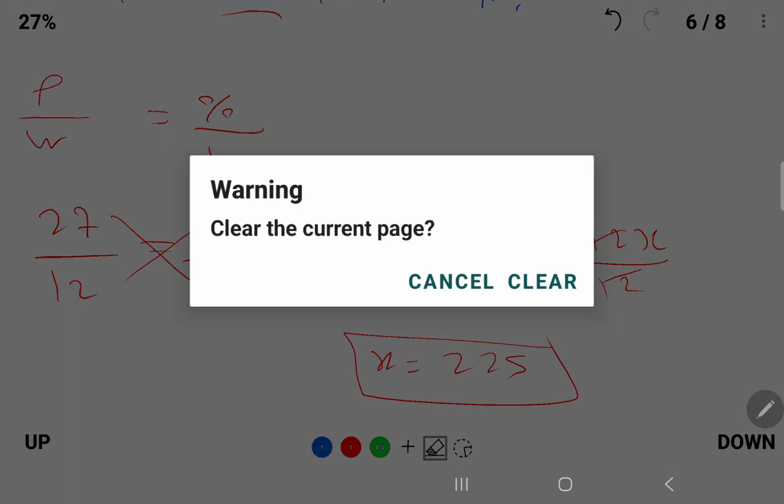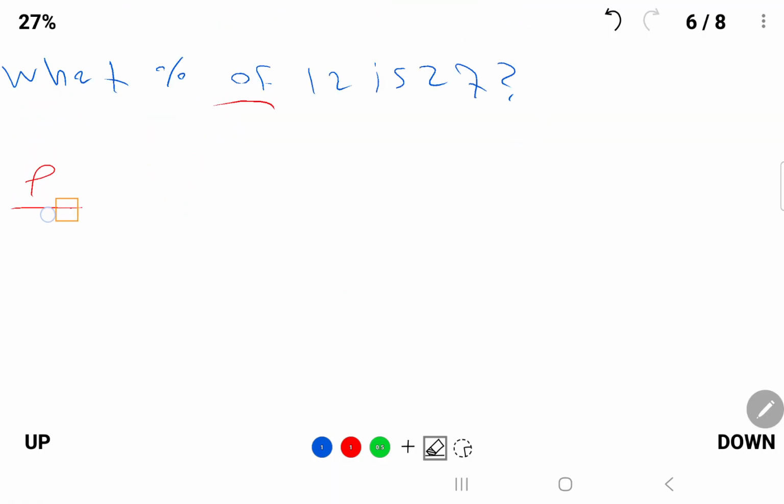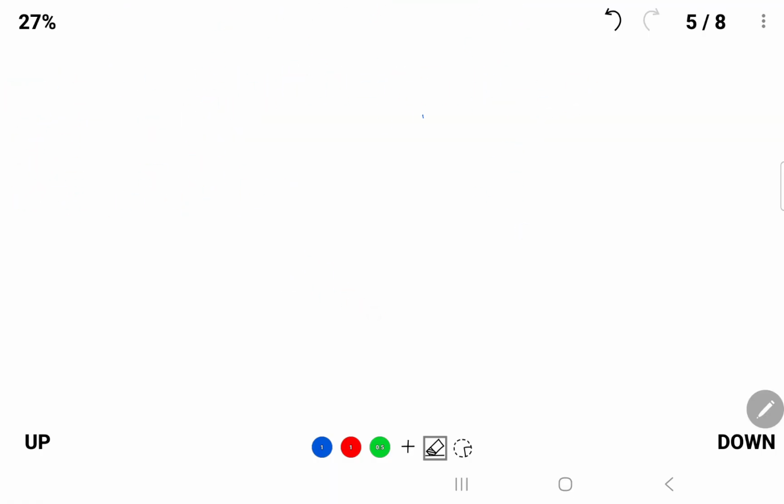Now another example, let's say you have this question: 20 is what percent of 45?